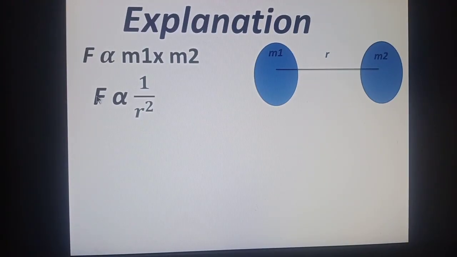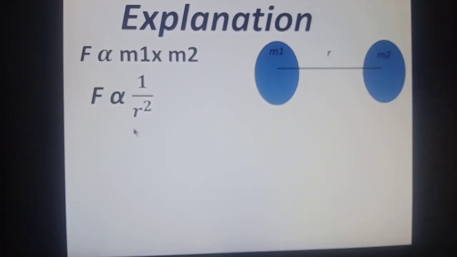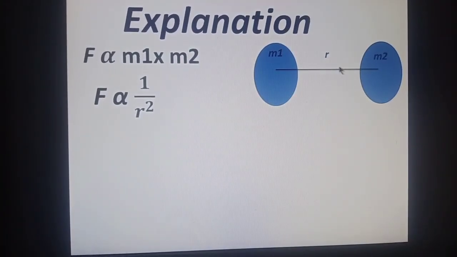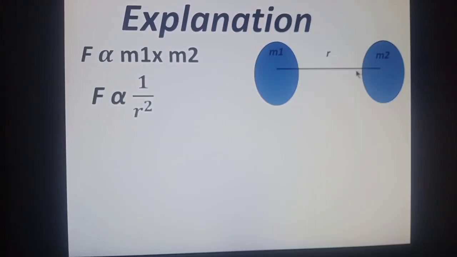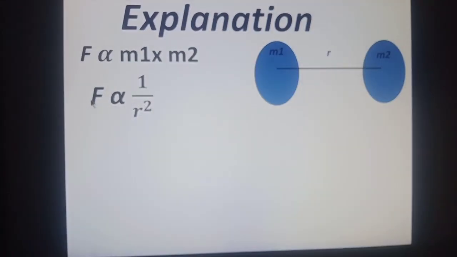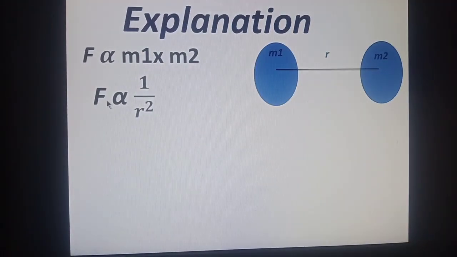So students, here the relation between the distance between two objects and force is an inverse relation. For example, if we make the distance between two bodies double, the force reduces to 1/4. Or, on the other hand, if we reduce the distance between two bodies to half, the force becomes 4 times. This is called the inverse relation between force and the distance between two objects.